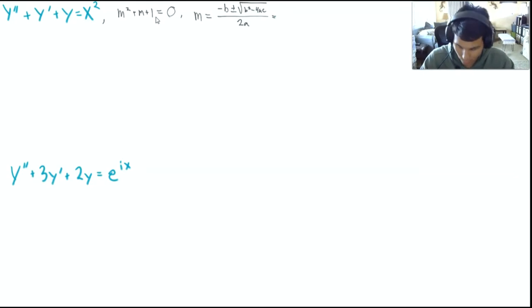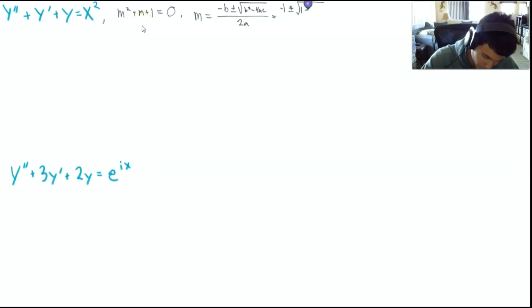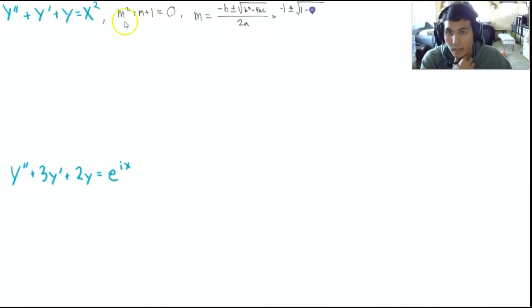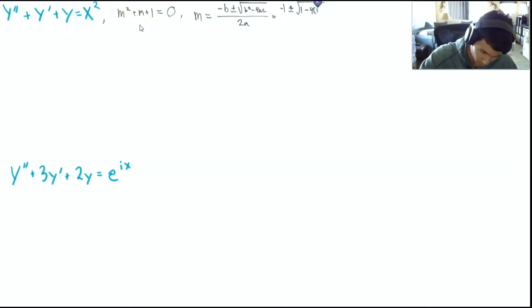What is b in this case? B is just going to be 1, so negative 1 plus or minus 1 minus 4. What's a? A is 1, c is 1. And then 2a, that's just 2 times 1.